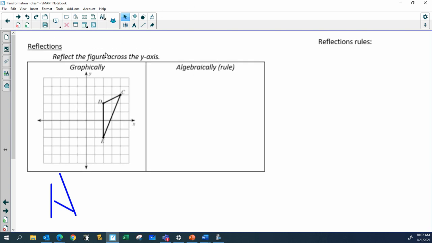Okay, so reflections can be described as a flip across a line. So we're going to say we're going to flip an image. In this case, we're going to reflect across the y-axis for this example.